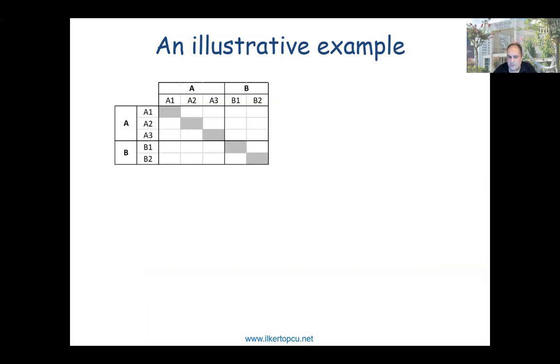After asking these questions, let's assume some elements will affect some elements here. And to denote that, you can use X, you can use star, you can use plus. It's up to you. I used X values here. The meaning here is A1 affects A2, but A1 doesn't affect A3.